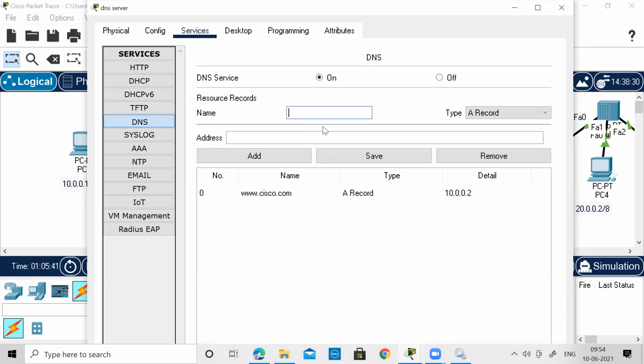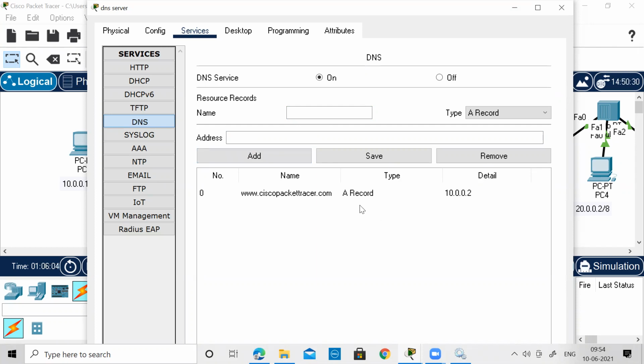Actually, I will just remove this first. I'll give the name to that particular web page as www.ciscopackettracer.com, let's say. And I will put the address of the web server, which was 10.0.0.2. And I'll just say add.